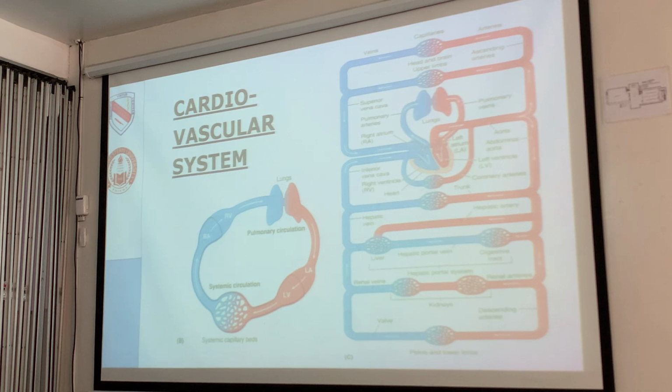So, right atrium, right ventricle, and then left atrium, left ventricle. The right ventricle receives deoxygenated blood. For the left, of course, it is oxygenated blood.